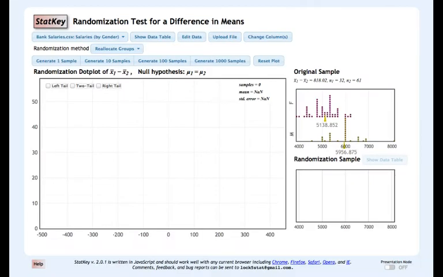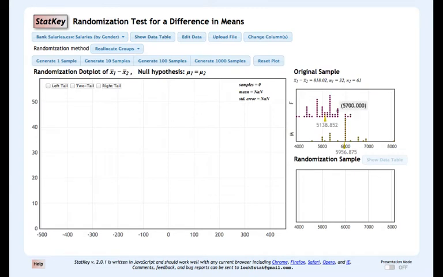Coming back to our StatKey page, one of the things we need to pay close attention to with a difference of means is what order they are subtracted in. So here I can see that my x1 bar minus x2 bar in the original sample is a positive number, 818. I have to figure out which is sample 1 and which is sample 2 by looking at these two samples and seeing what their means are.